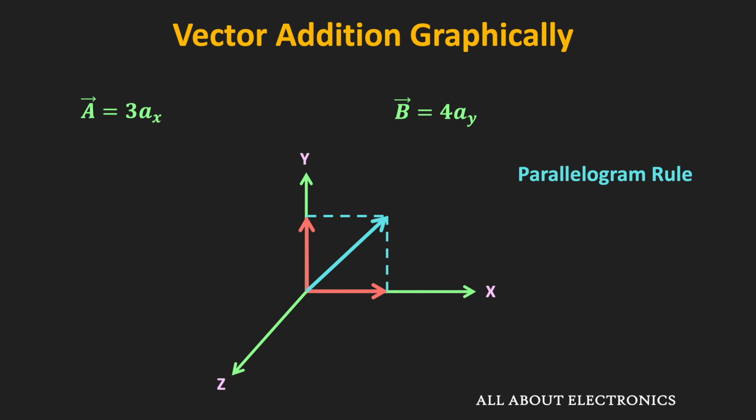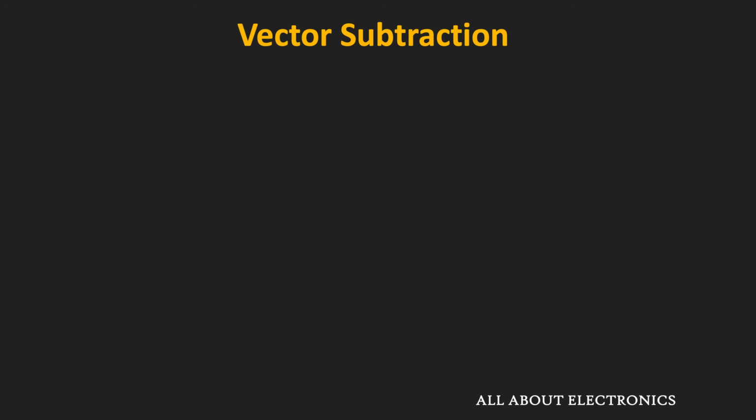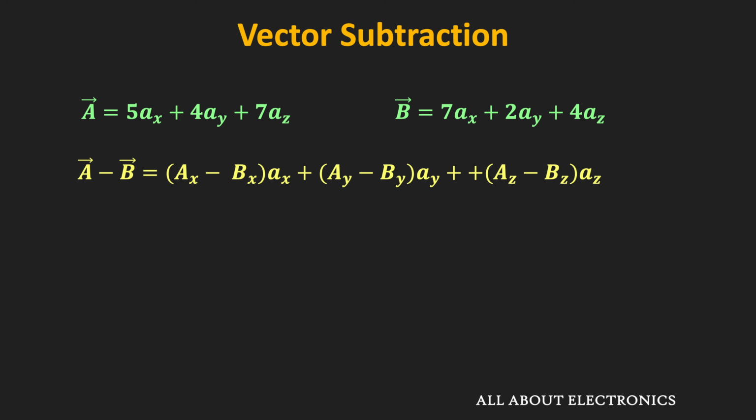So now similar to the vector addition, let us see the vector subtraction. So let's say this is the vector a while this is the vector b. Mathematically, this vector subtraction is similar to the vector addition. That means the subtraction of the two vectors is performed component wise. During this a minus b, the x, y and z components of both vectors are subtracted from each other.